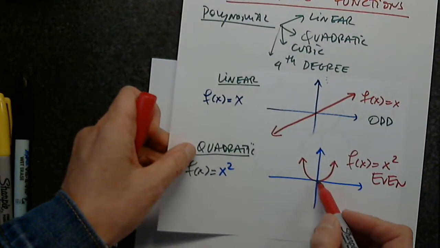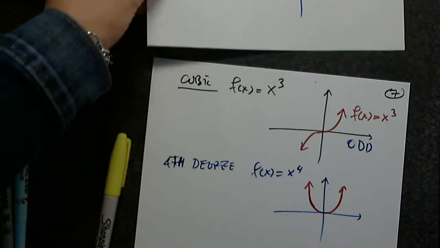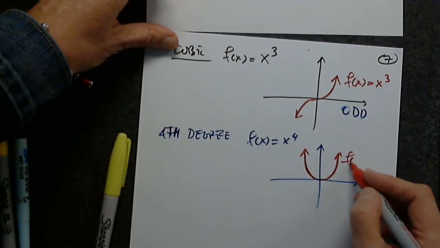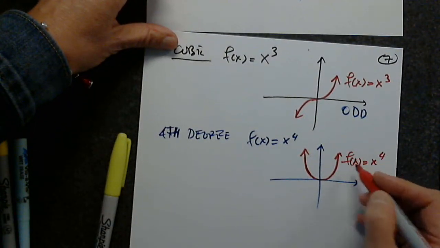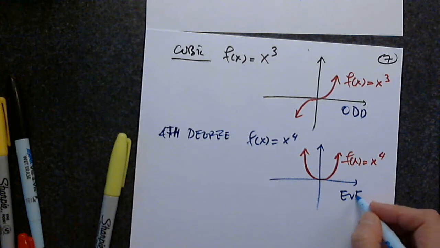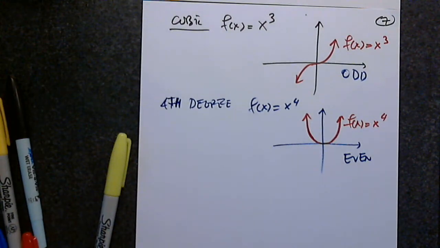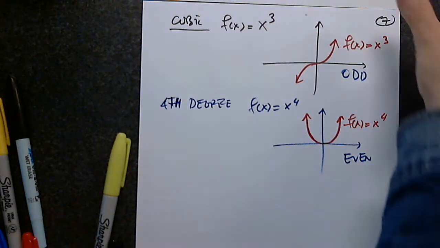But this one turns much faster than this one. This is a little bit flatter here. So this is f of x, x to the fourth. Okay, can anyone tell us odd, even, or none of the above? Perfect. Even it is.